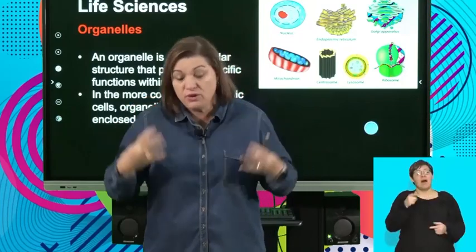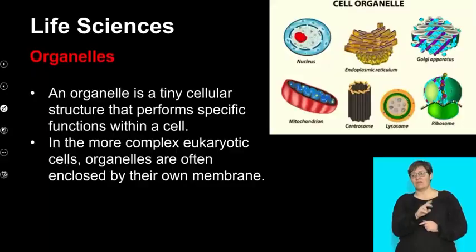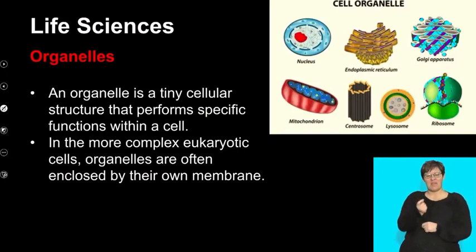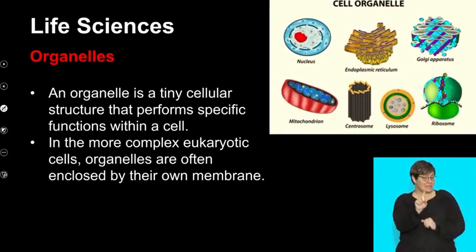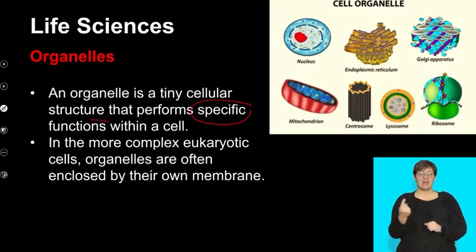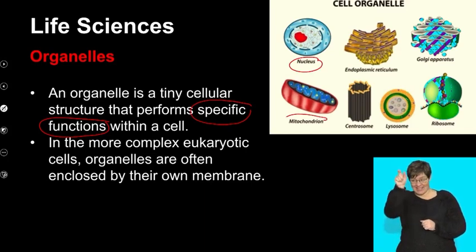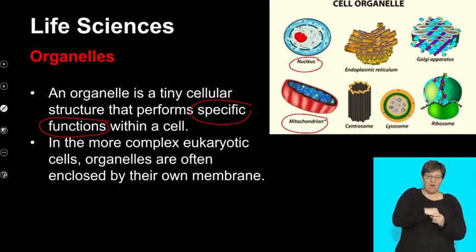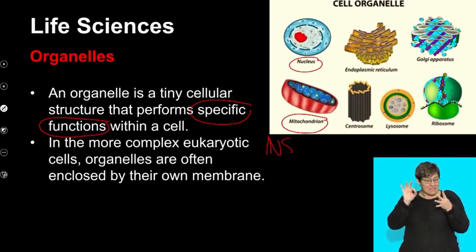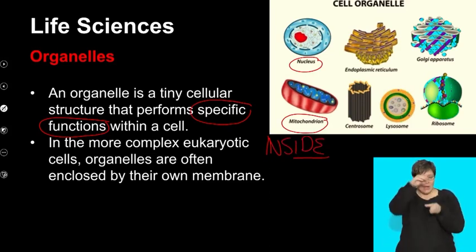Okay, so we're going to have a look at the top over here. I've just put in a diagram with most of the organelles that you're going to come across. And as I said to you, the most important thing is each of these has a specific function. Each and every one of these up over here plays a specific role inside the cell.